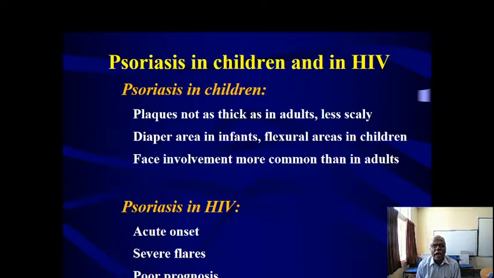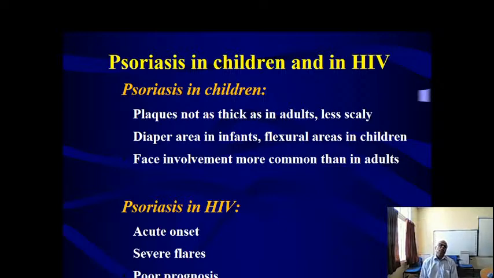In special groups we have psoriasis in children and HIV patients. In children, usually the plaques are not that thick as in adults. They are less scaly. The lesions may be confined to the diaper area, flexural areas, and there will be face involvement.